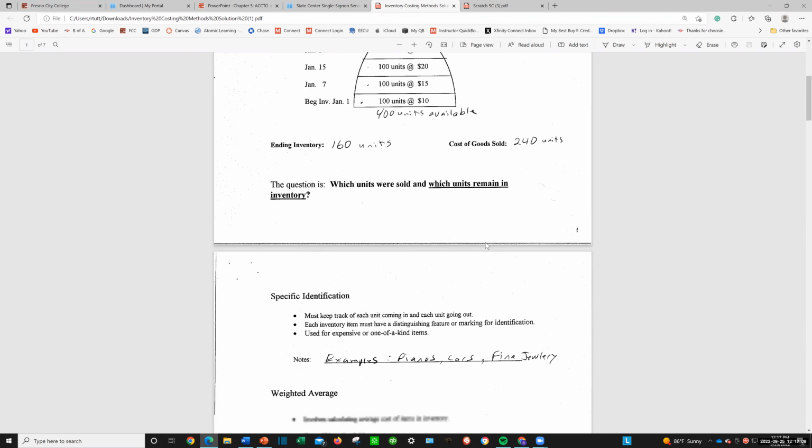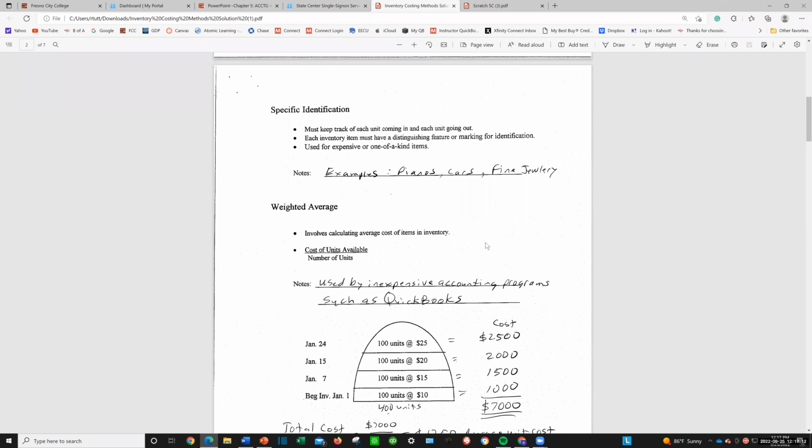We're going to start out with specific identification. In specific identification, you keep track of each unit coming in and each unit going out. Now, to do that, each inventory item must have a distinguishing feature or marking for identification. It's used for expensive or one-of-a-kind items. For instance, pianos, cars, or fine jewelry. So let's say that you are a Steinway piano dealer.